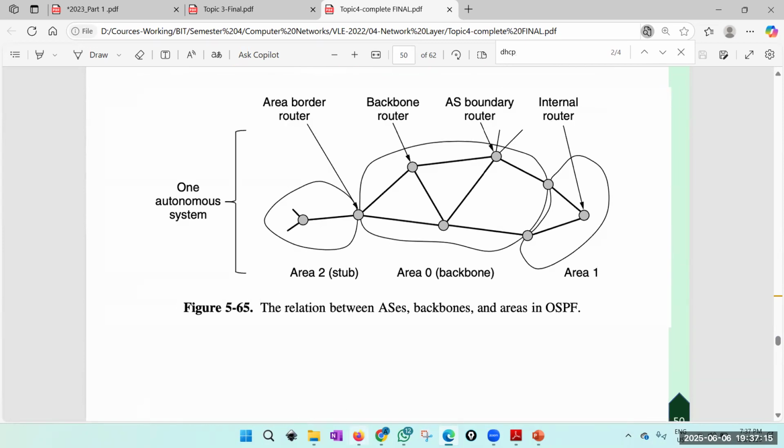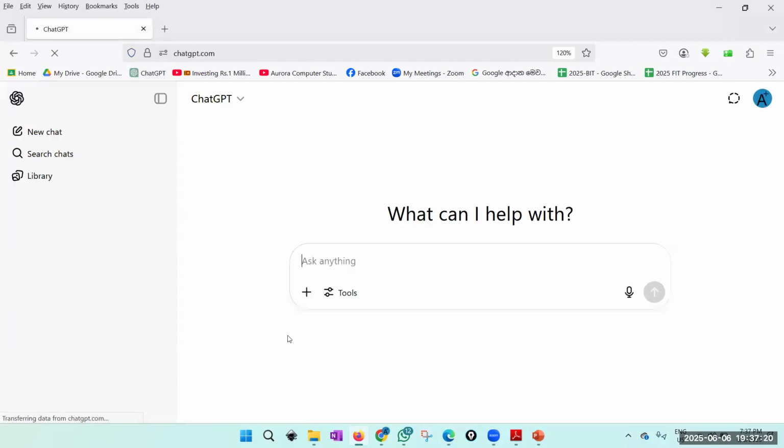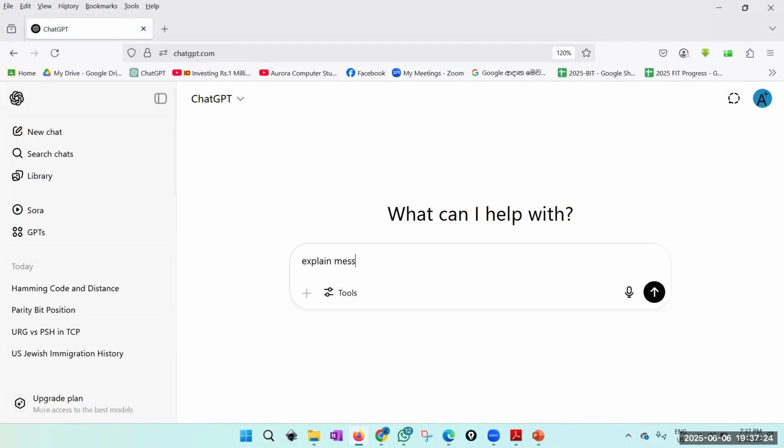Okay, so let's ask ChatGPT. Explain messages used in getting an IP address from a DHCP server.